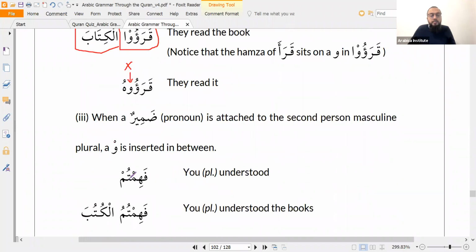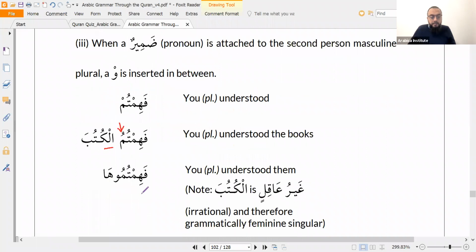Next, this one, fahimtum. If you have an al after it, the next word, the object of the verb, for example, that's got an al, then you need that liaison vowel. I showed you an example of that above. So you say fahimtumul kutuba, you understood the books. Now, watch what happens when you attach a pronoun to it. If you say fahimtumhu, say that.